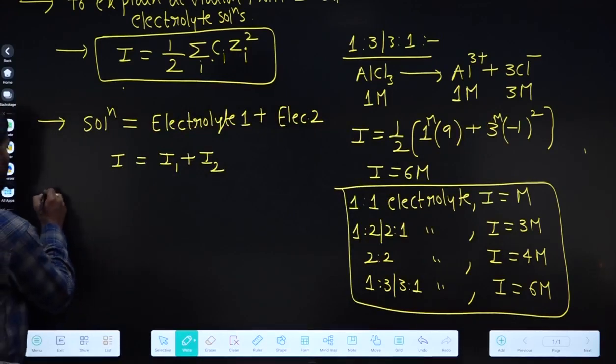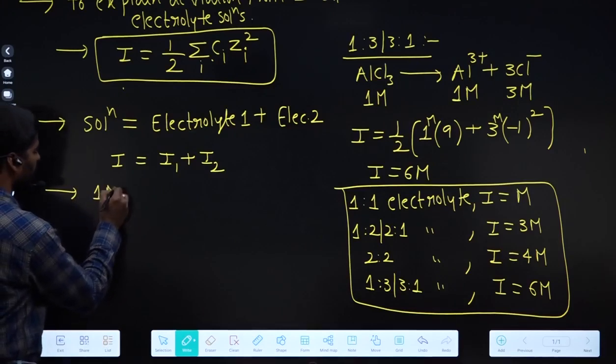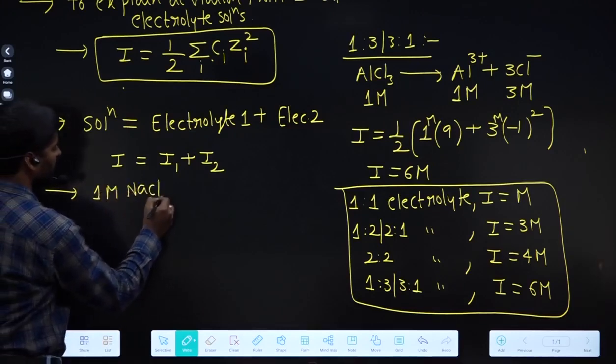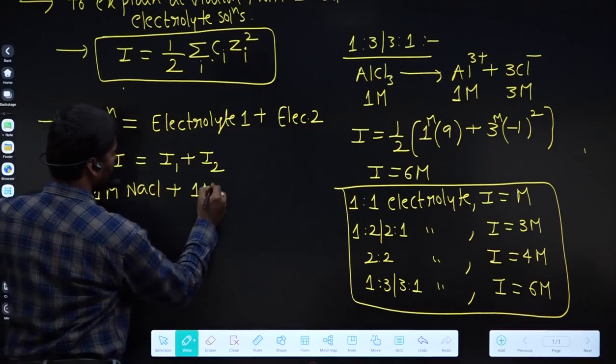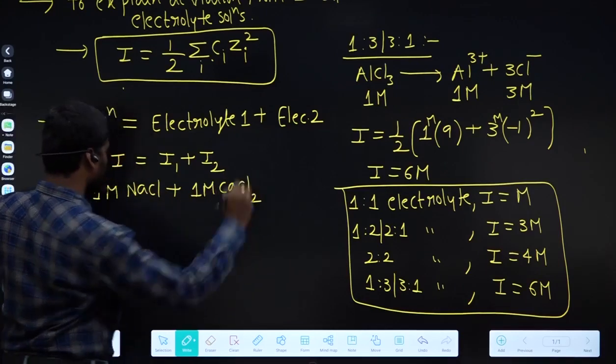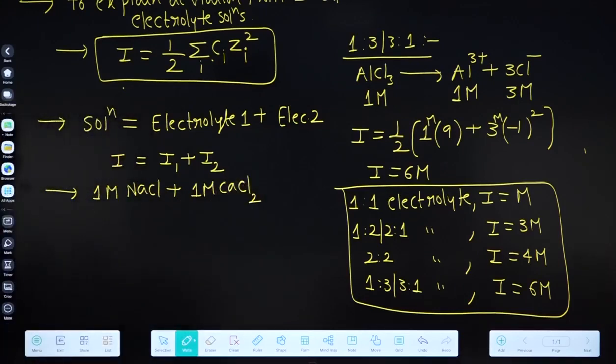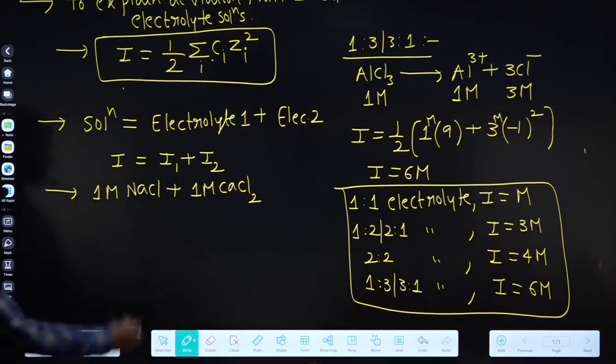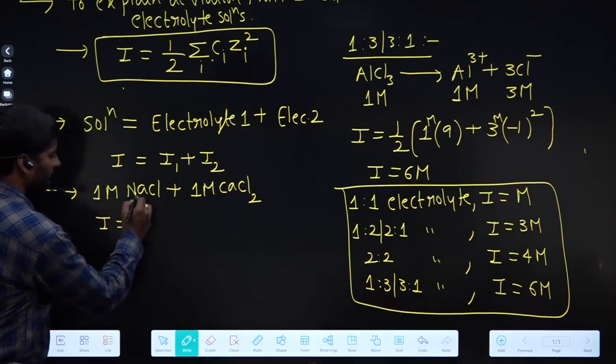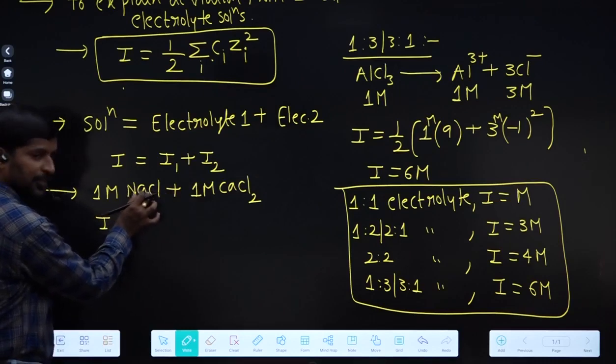For example, we are taking a solution in which 1m NaCl is there and 1m calcium chloride is there. What is the resultant solution ionic strength? I is equal to I1 plus I2. This is a 1:1 electrolyte.